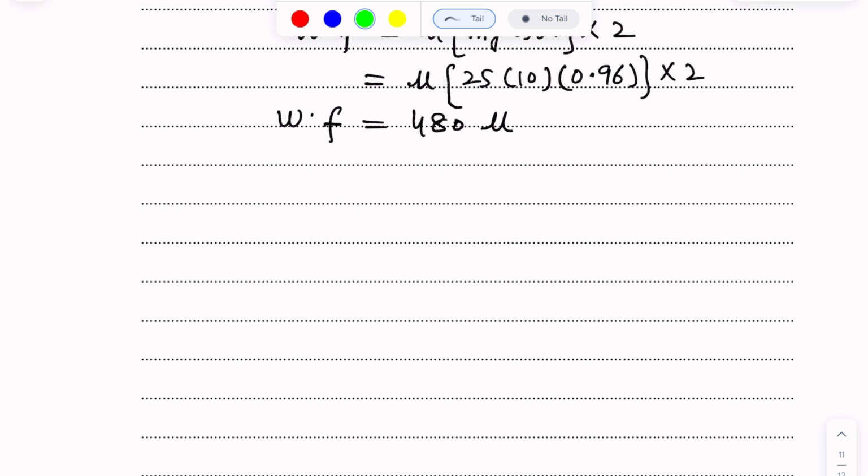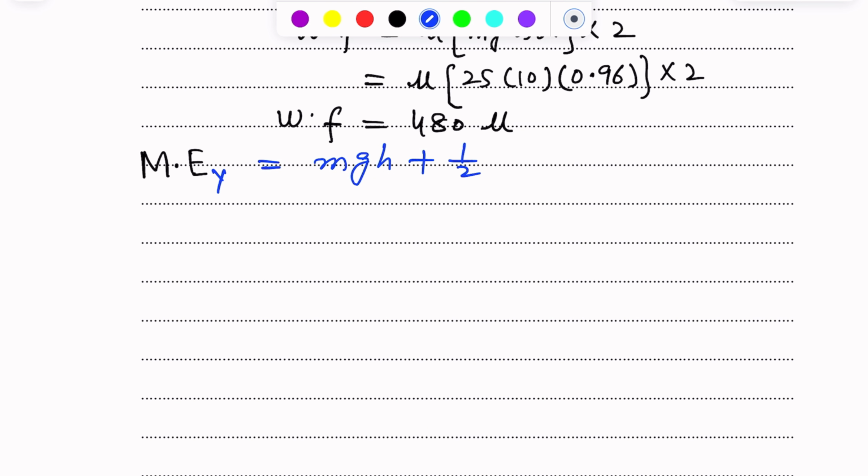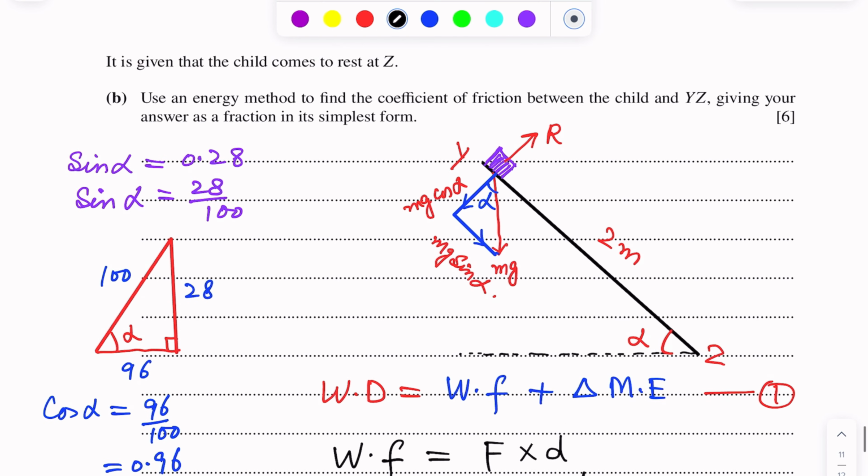So first we find the mechanical energy at Y. Mechanical energy at point Y is equal to mgh plus 1/2 mv square. Putting the values, m is 25, g is 10, and h we have to find.